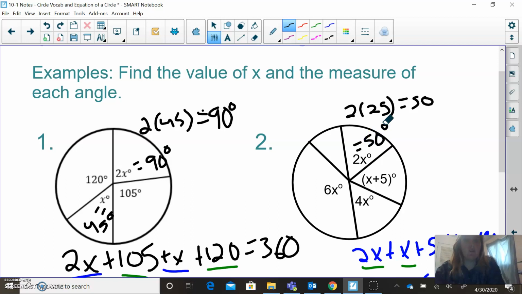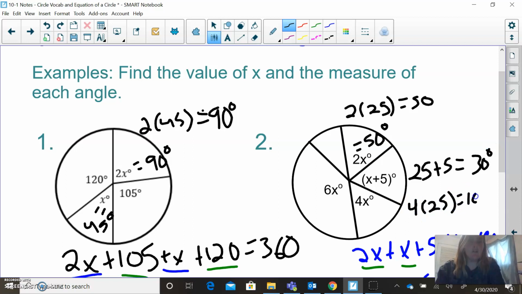Then we got to plug in x for this one. So we're going to do 25 plus 5, and that equals 30. And then we can plug it in over here. We can do 4 times 25, and that equals 100.